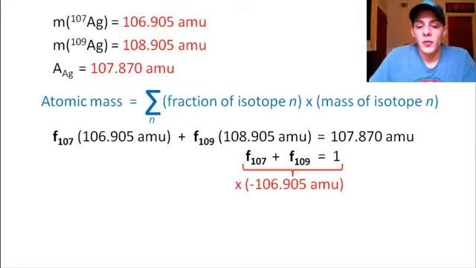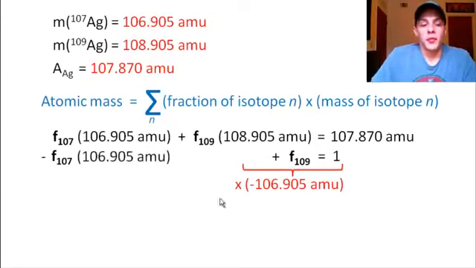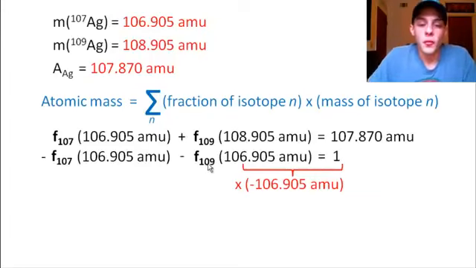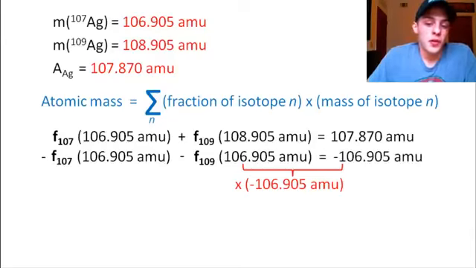So starting with the F107, if we multiply that through, that'll be negative F107 times 106.905 AMU. If we do the same thing with this term up here, that's going to give us F109 times 106.905 AMU. And then anything multiplied by 1 is simply whatever that thing is, so that's going to be negative 106.905 AMU on the right-hand side of the equation.